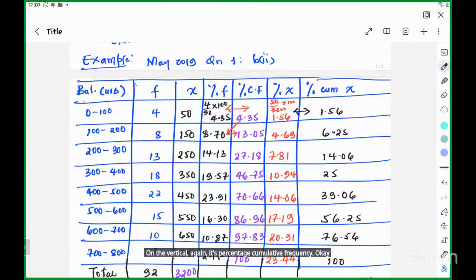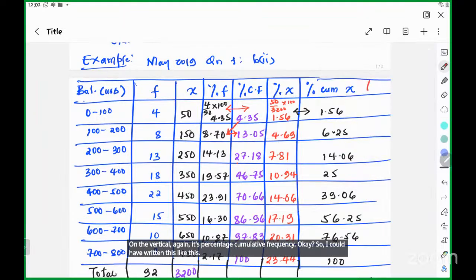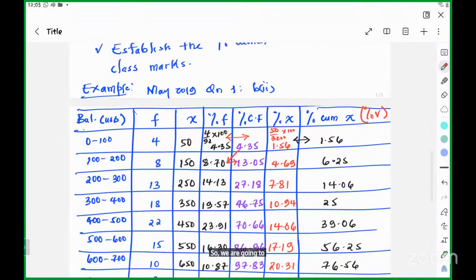So I could have written this as percentage V, and I take this as percentage CF. So we are going to have this as our Y, and then this as our X. Okay?